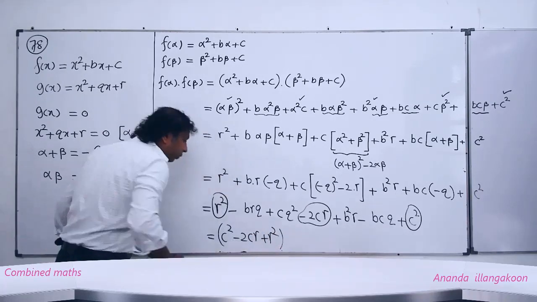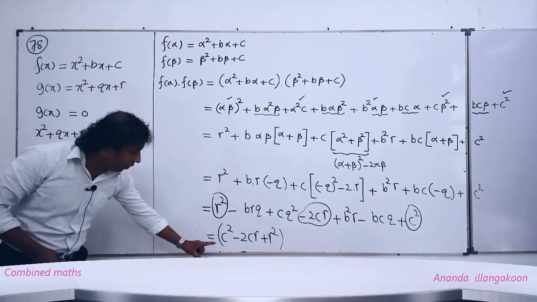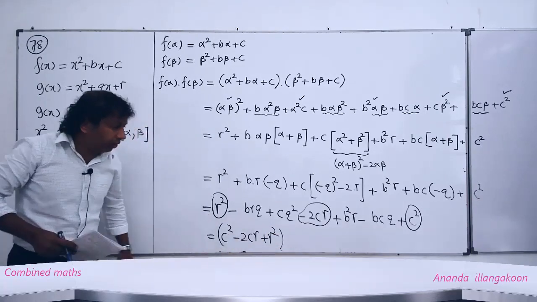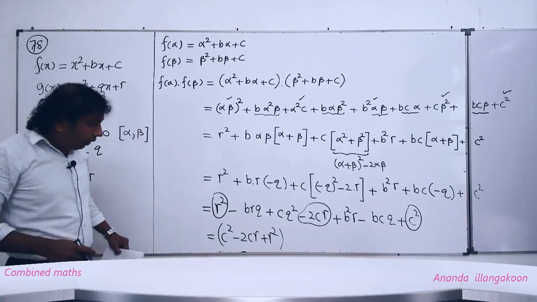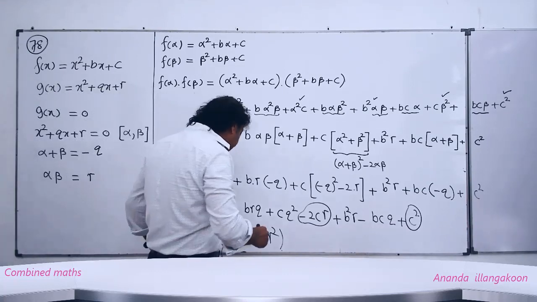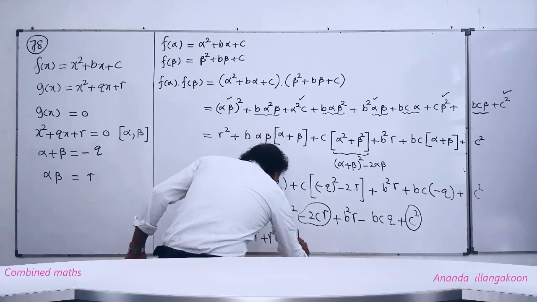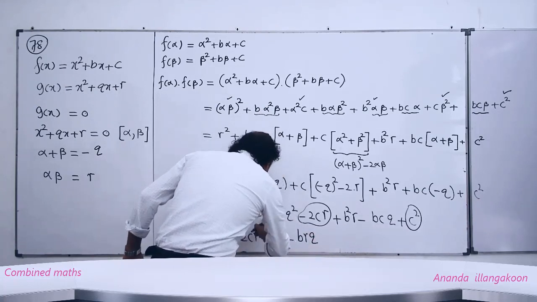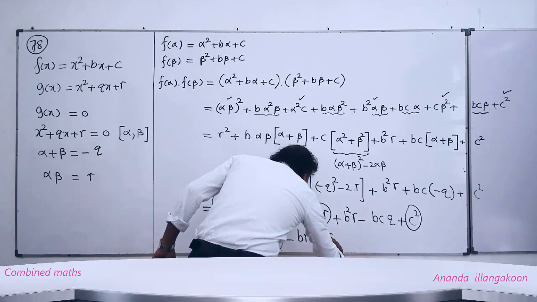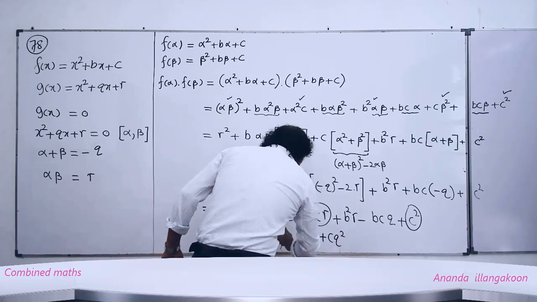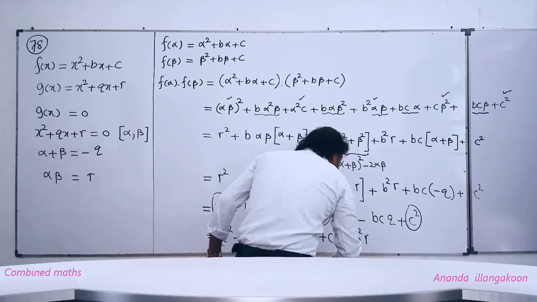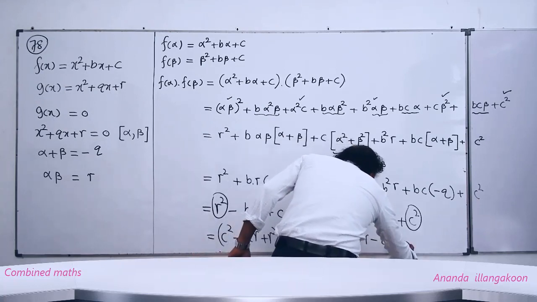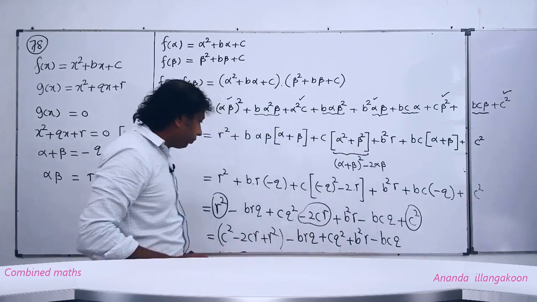These three I wrote together. You know this is nothing but c minus r whole squared. And the other four terms we have are minus brq, plus cq squared, plus b squared r, minus bcq.